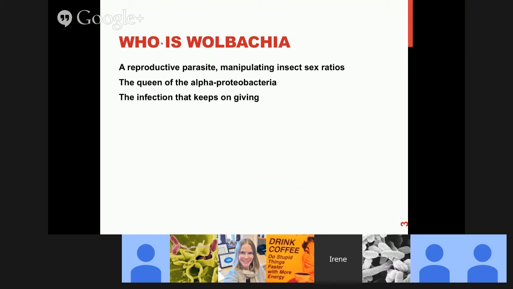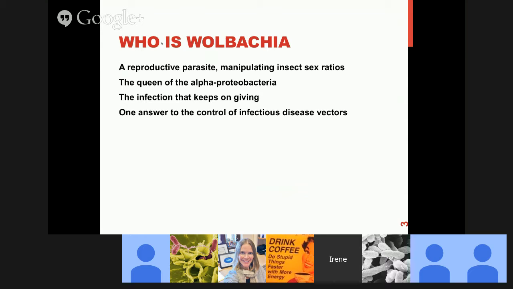I showed you the picture of Wolbachia infecting the next generation even before that next generation matures, and unlike these pathogenic acute infections that people are familiar with, Wolbachia is an intracellular infection that is persistent and is maternally transmitted. So it is the infection that keeps on giving every generation. And it might be one answer to the control of infectious disease vectors.